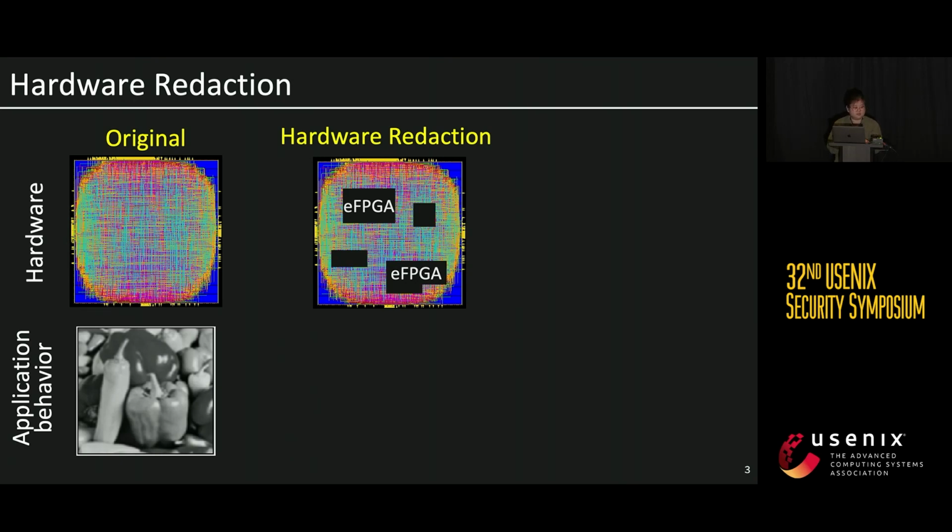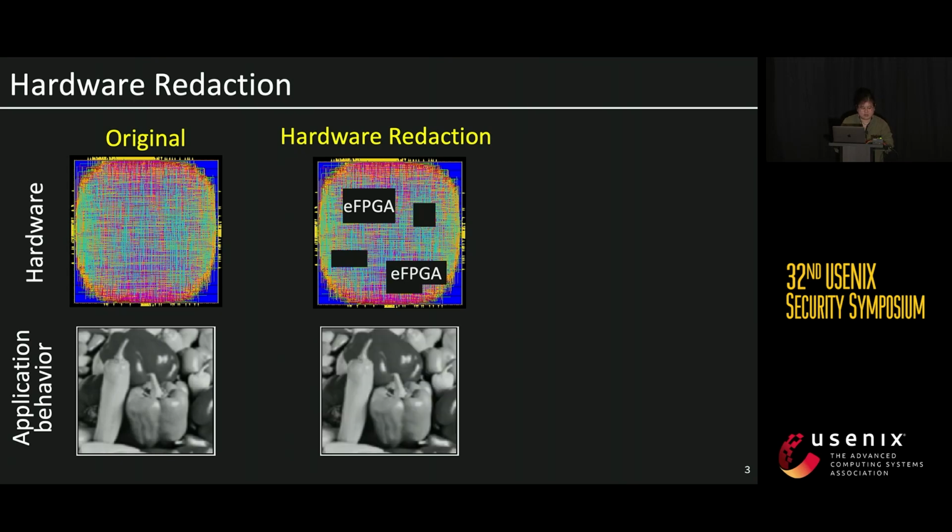The eFPGA's full name is embedded FPGA, and in theory, it could support arbitrary functionality. If the defender applies the correct bitstream, which is the configuration file containing the design details, then it could generate an image like this, which is the same as the one generated by the original circuit.